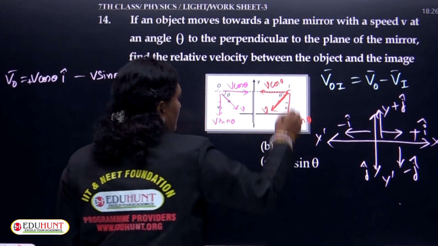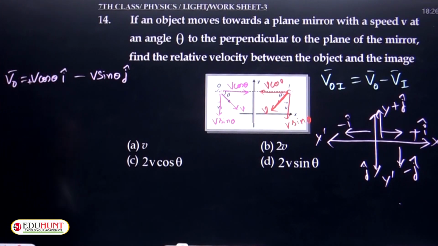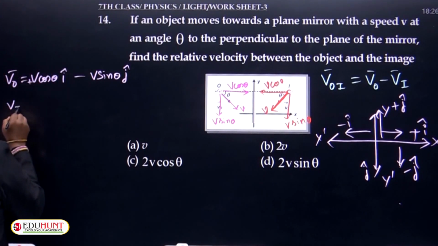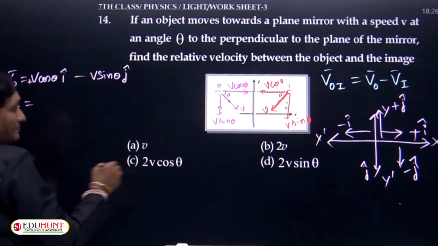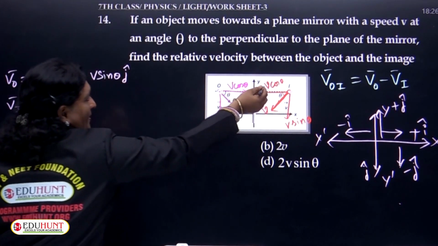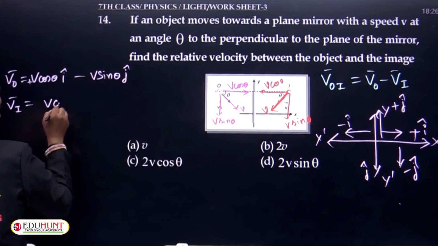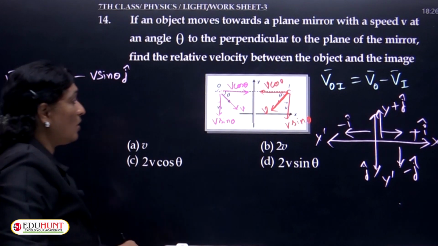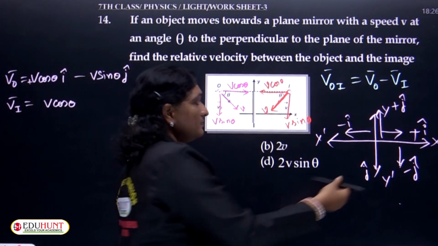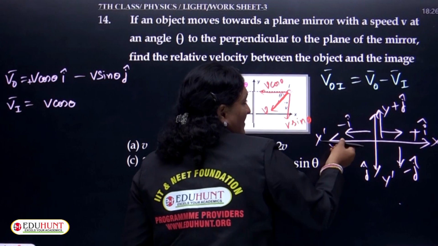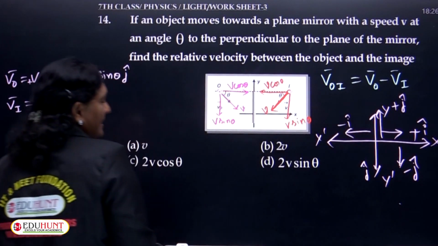Similarly, if you consider the velocity of the image, the horizontal component is v cos theta, moving along negative x-axis, which indicates minus I cap.